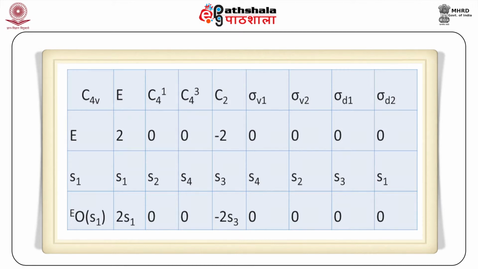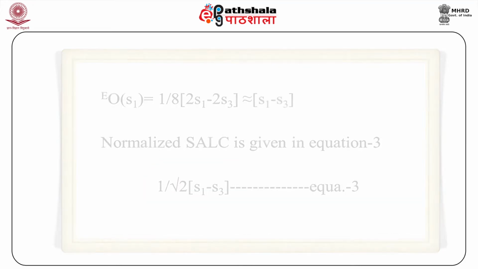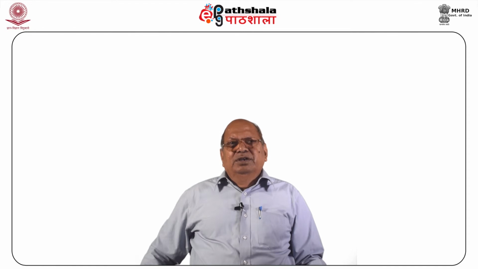And after doing the calculations, the normalized SALC corresponding to symmetry E on S1 is 1 upon under root 2 S1 minus S3, and the result is given in equation 3.